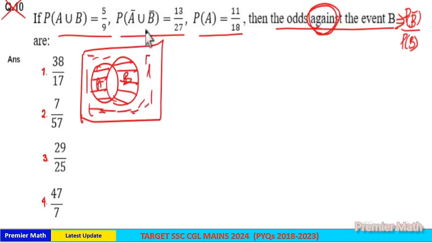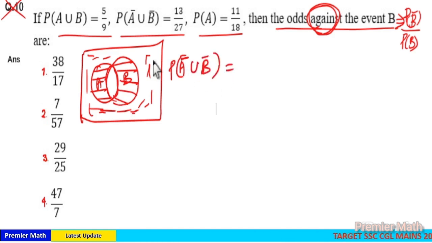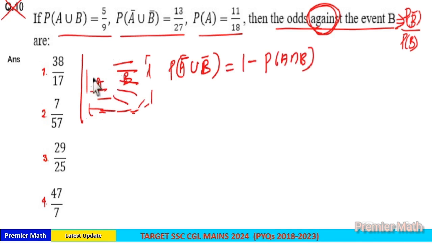Now P of A naught union B naught does not include this intersection part. That is, here P of A naught union B naught is equal to, total probability is equal to 1 minus this non-shaded part, which is P of A intersection B. So from this we can find the value of A intersection B.